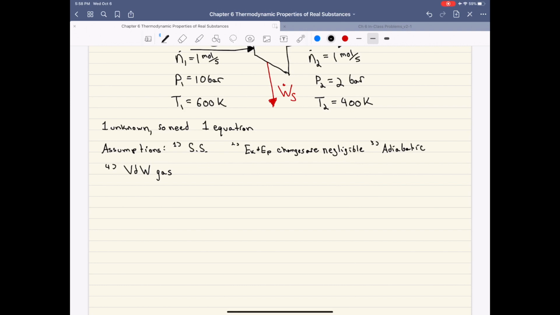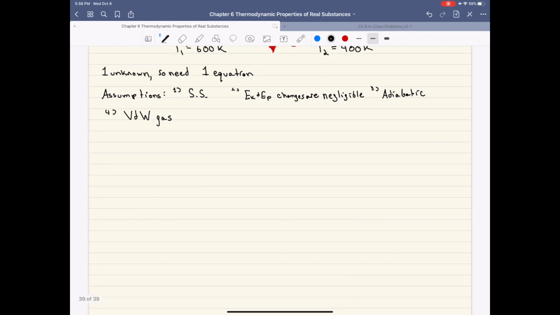Okay? All right, with those assumptions in hand, the material balance is very straightforward. We get that N1 is equal to N2, which I'll just call N dot, 1 mole per second.